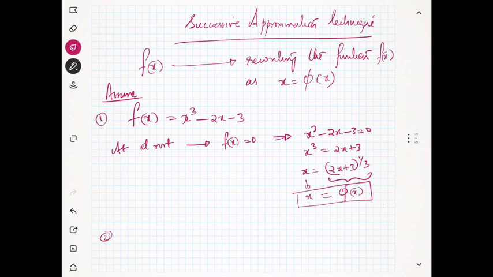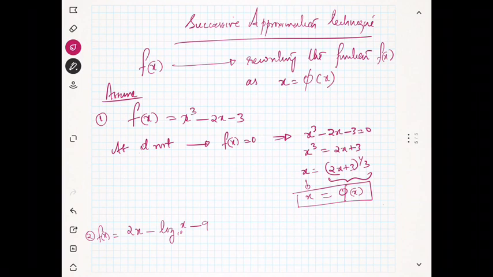This is another example. We can see a function f of x is equal to 2x minus log to the base 10 of x minus 9.